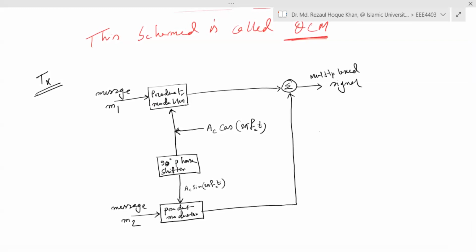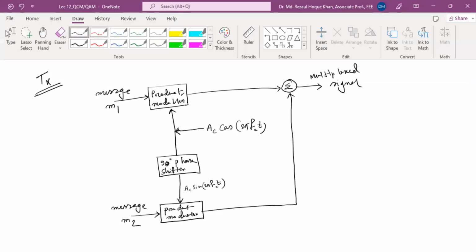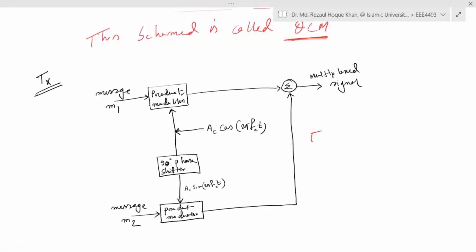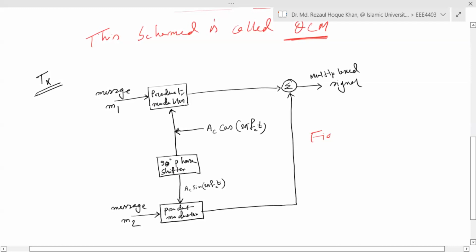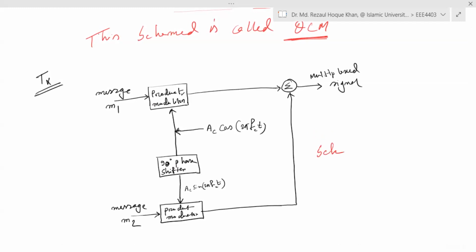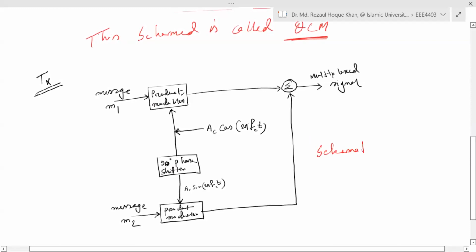Okay, so this is a schematic diagram of the quadrature carrier multiplexing, or QCM, transmitter.